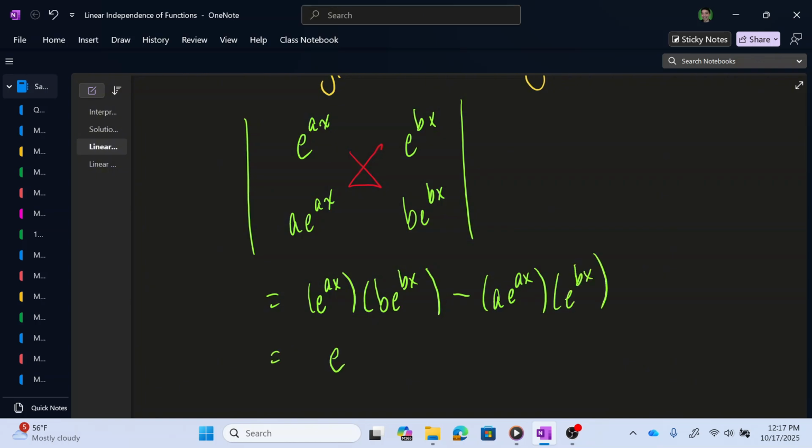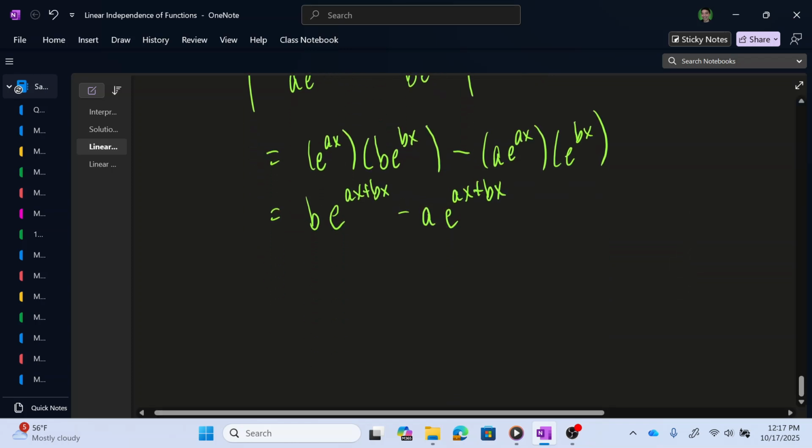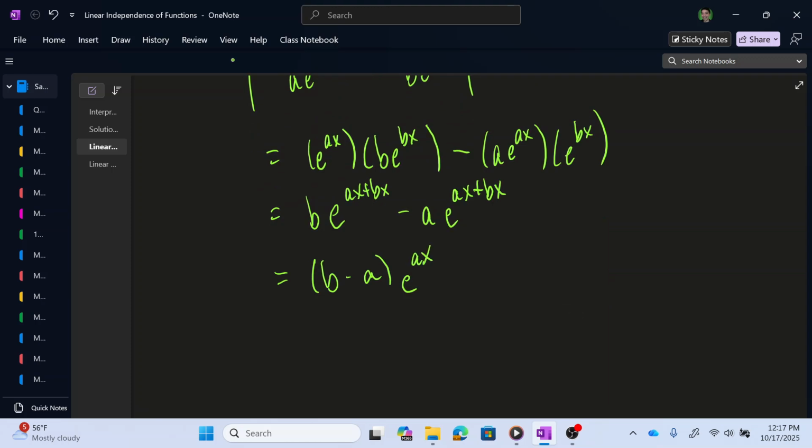And using the exponent properties, we get b e to the ax plus bx minus a e to the ax plus bx. So once again, we have this difference b minus a times this function, in this case, this exponential function.